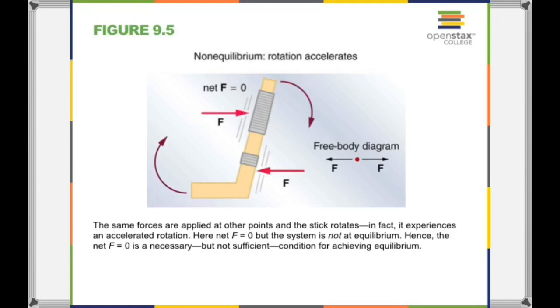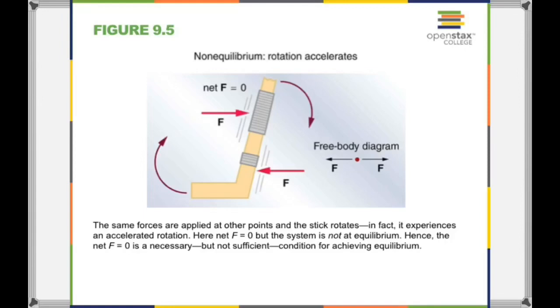Now, that brings about the second condition for static equilibrium, that the net torque acting on the object must also be zero. Now, what is torque? Torque in this case is just the product of one of the forces and the perpendicular distance between them.